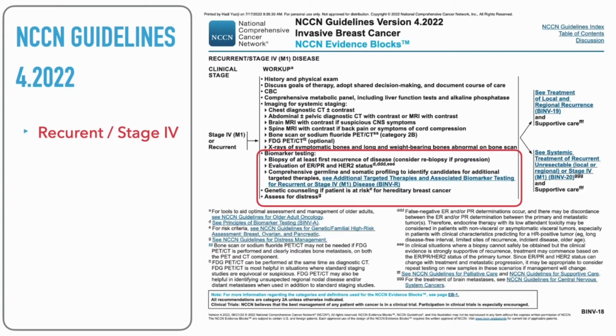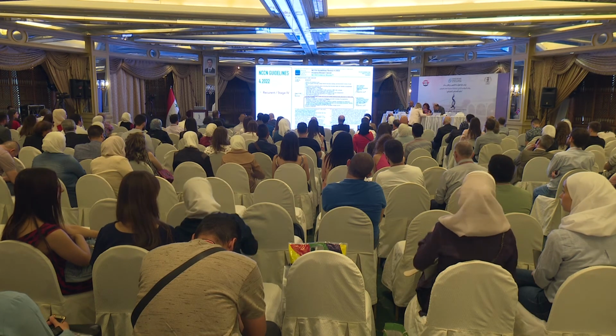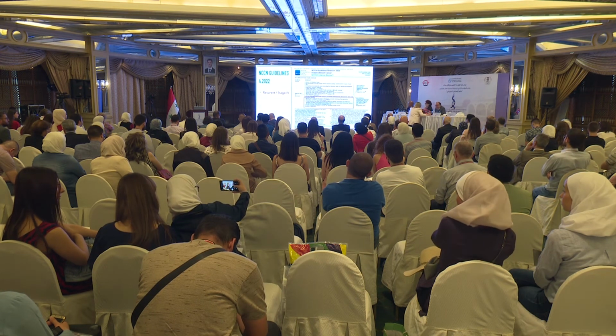So if I can point your attention to the red rectangle, which talks about biomarker testing, it says biopsy at least at first recurrence of disease, consider rebiopsy if progression, and then evaluation of ER/PR and HER2 status, as in any breast cancer, and then comprehensive germline and somatic profiling to identify candidates for additional targeted therapy. And the details of that are in the following slide.